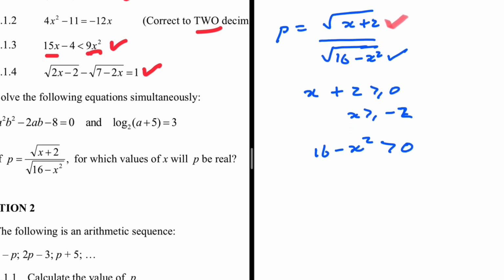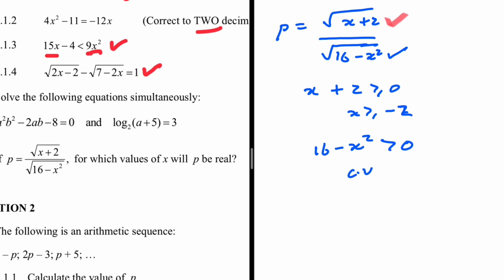So what can we do? We can find our critical values. x squared equals 16, and then x equals 4, or x equals minus 4. These are our critical values.